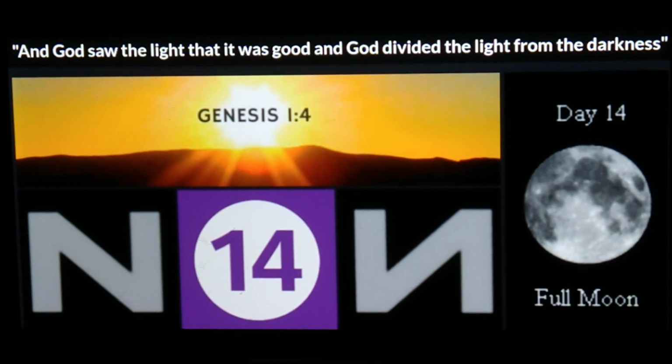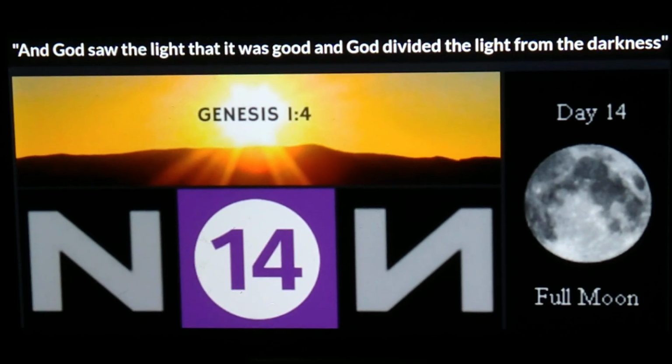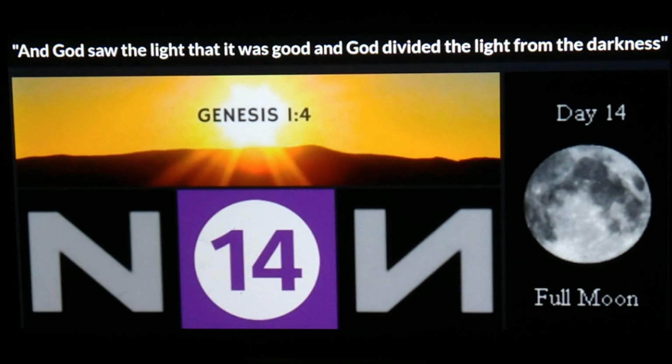Talk about Genesis 1:4, and God saw that the light, it was good, and God divided light from the darkness. So you think about this duality, these reflective letters, the non-reflective letters. N backwards in a mirror looks like N forwards.